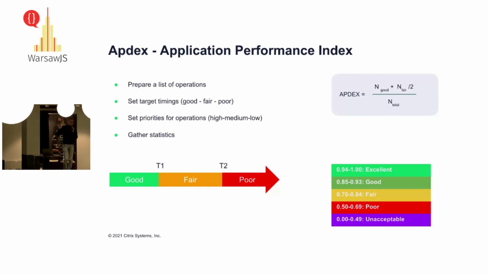For example, for the row expand operation, when a user clicks on a swim lane and it should be expanded, it was maybe around 100 milliseconds. We actually did it together with our UX designers, so we could understand these 2 major thresholds: what is a good timing, what is a fair and a poor timing. So T1 and T2, like 2 borders.